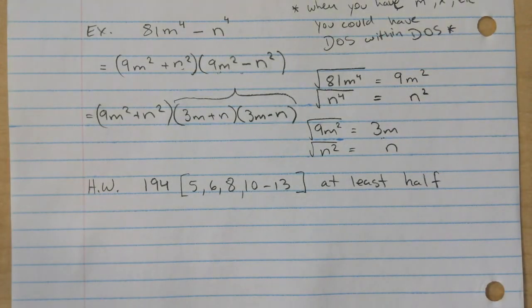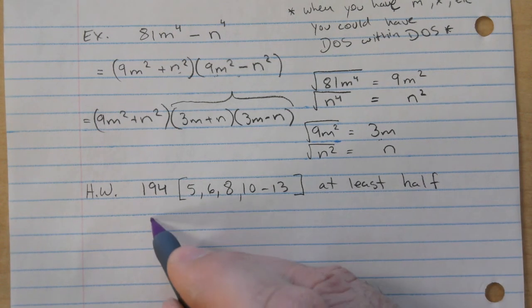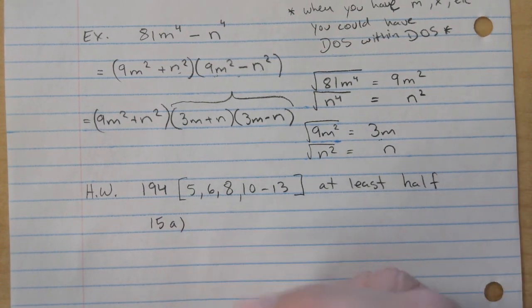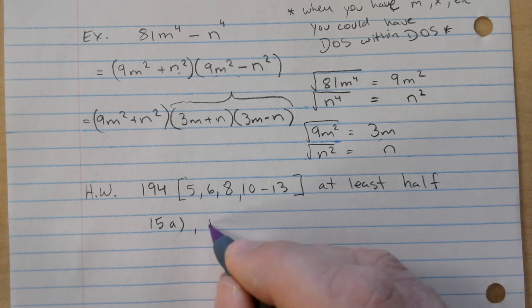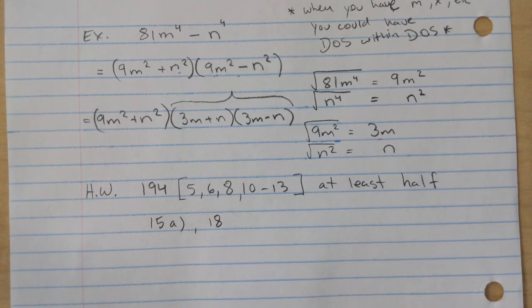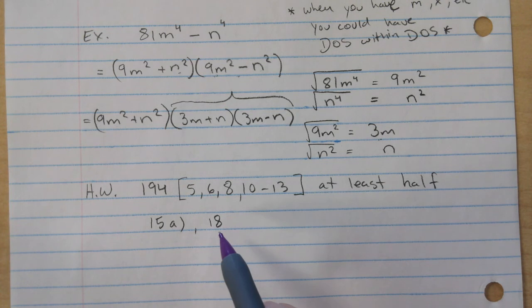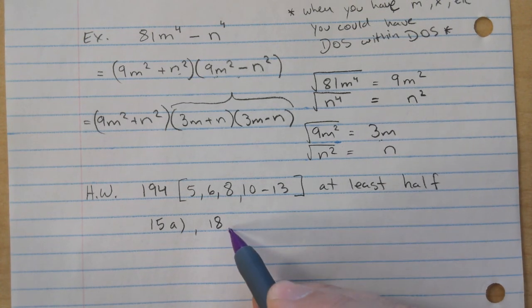Just peek at the questions. 15a. 18. 18 is one of those area questions. Find the shaded area, so you get another shot at it, because we did an example.